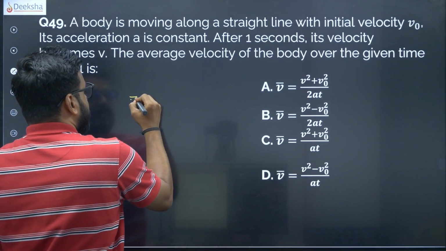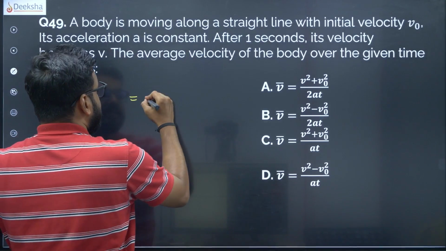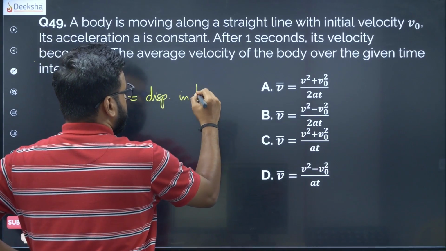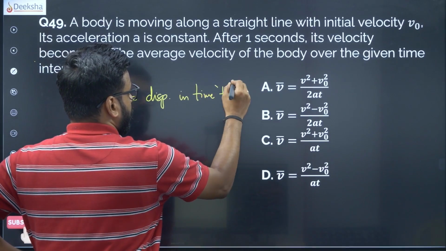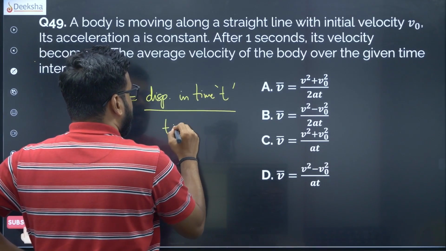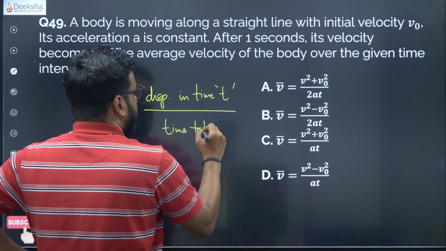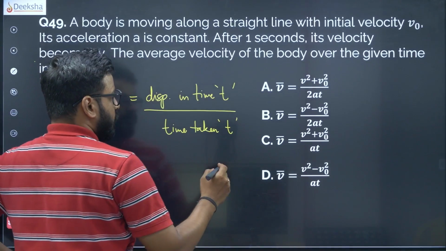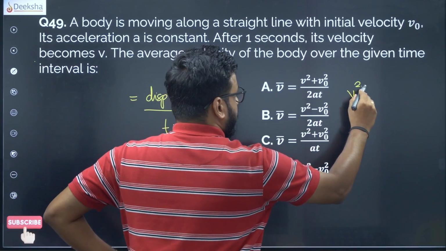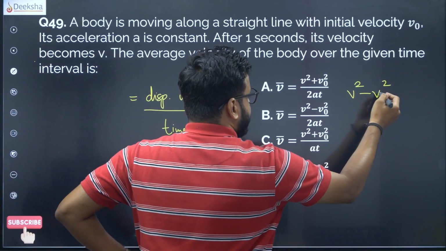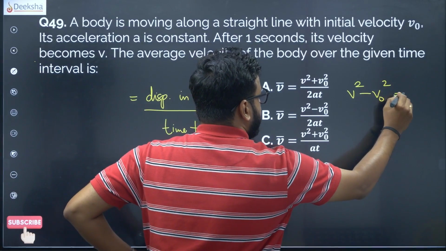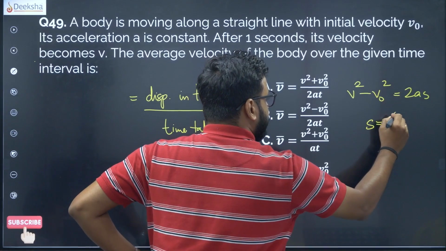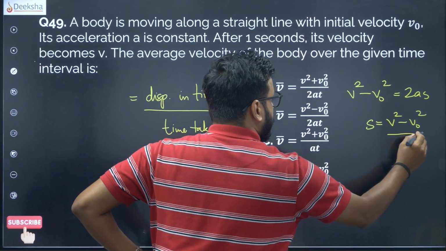Over a period of time, it is the displacement of the body covered in time t divided by the time taken, that is t itself. Now how do you find the displacement? We have the equation v square minus v0 square is equal to 2as, and the displacement is given as v square minus v0 square by 2a.